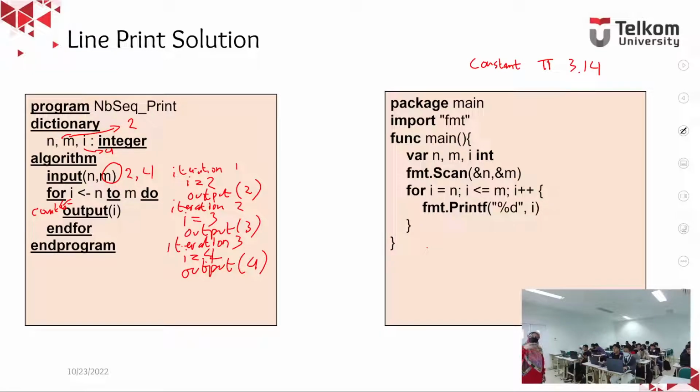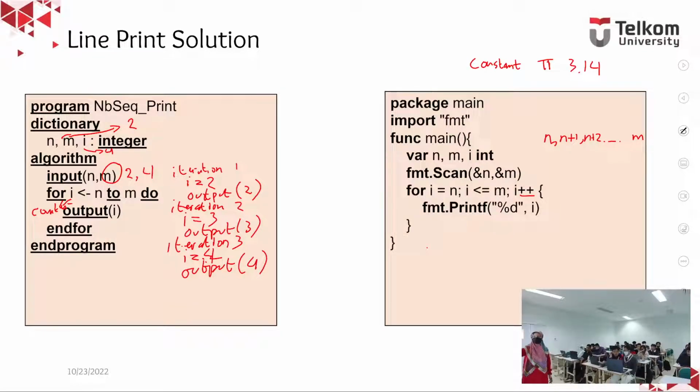So the value of i changes from n to n plus 1, n plus 2, etc., until m. And this is the step here, i plus plus. So it will increment by 1.